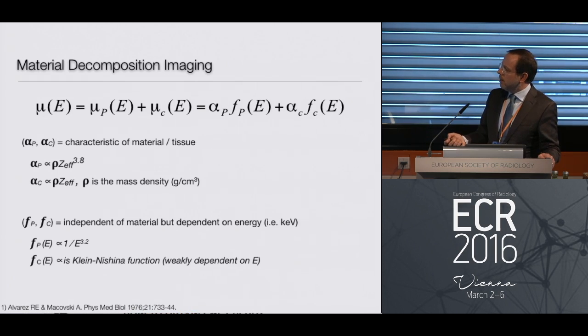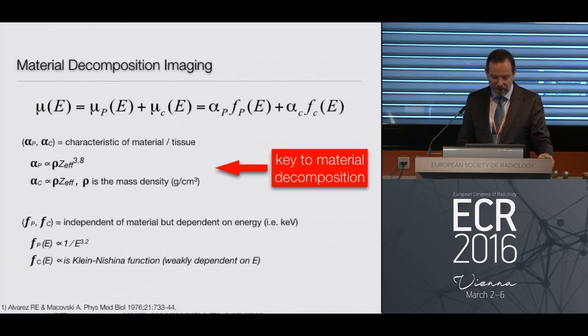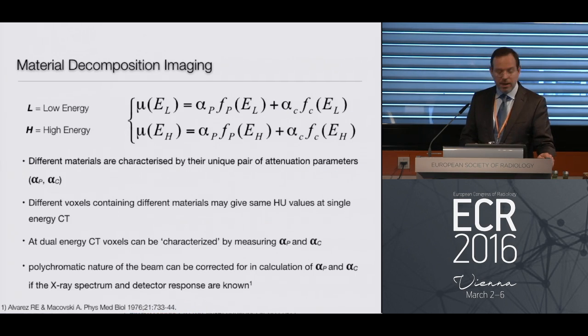So if we can get information about this alpha here by looking at the photoelectric and Compton contributions, we can characterize the material. So this is the key to material decomposition. Since we have low energy information as well as high energy information, we have two equations with two unknowns, and this is a system that can be solved quite easily.